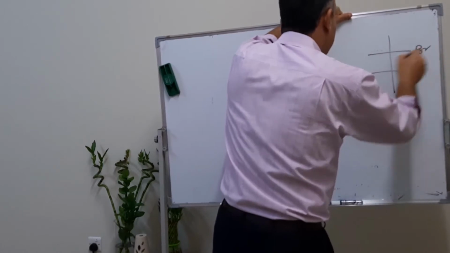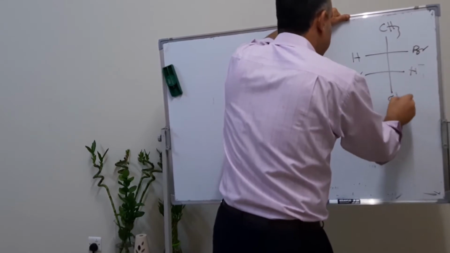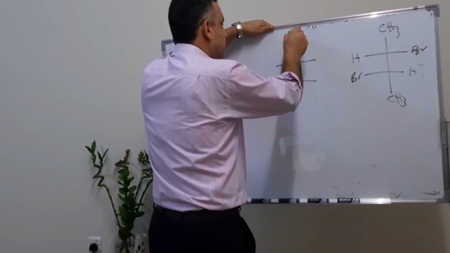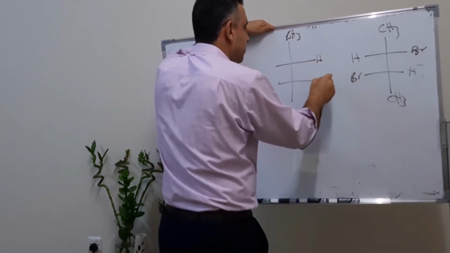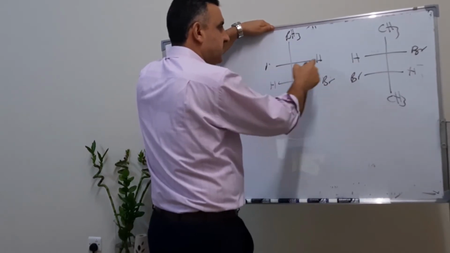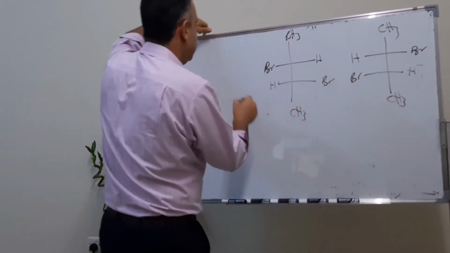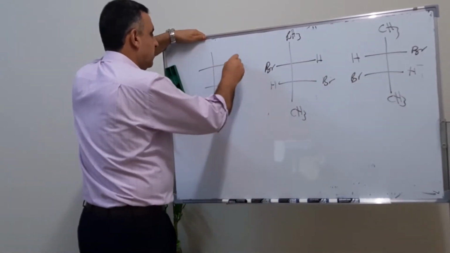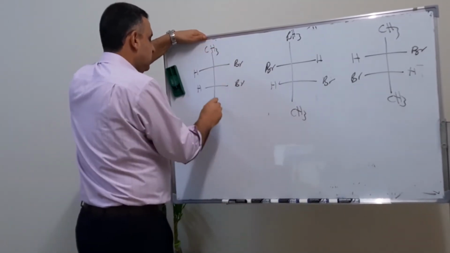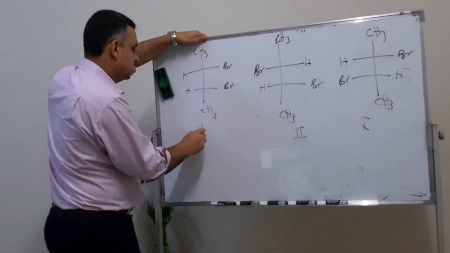So we have the Br, hydrogen, hydrogen, CH3, CH3, then CH3, hydrogen, Br, hydrogen, sorry, yeah, this is Br and this is CH3, and the third one will be Br, hydrogen, hydrogen, CH3, CH3. So we have structure number 1, structure number 2 and structure number 3.